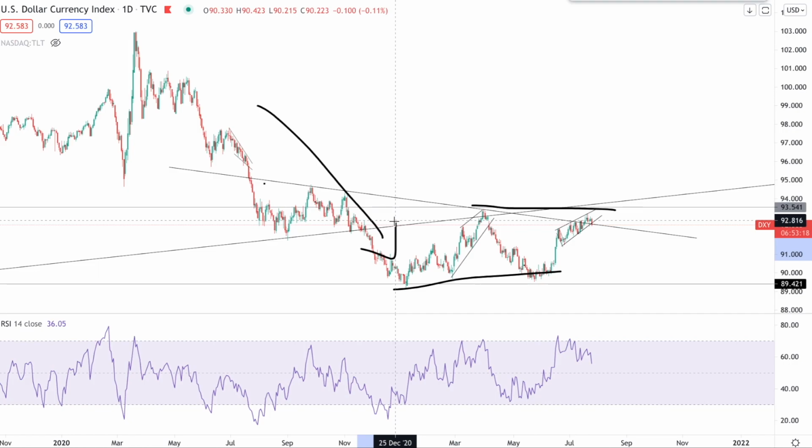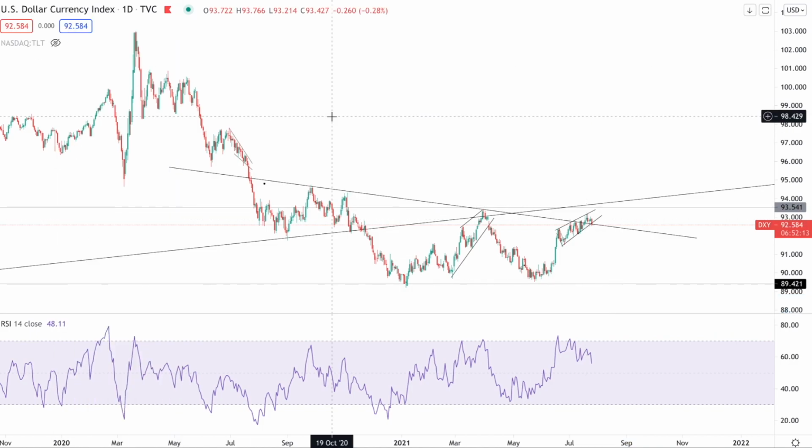When you have big periods of downtrends, you need price to consolidate for a while before it can resume that downtrend. And I think that's what we're still seeing right now, a consolidation in the dollar before heading further down. Again, that picture can still change, but right now that's what the charts are saying.